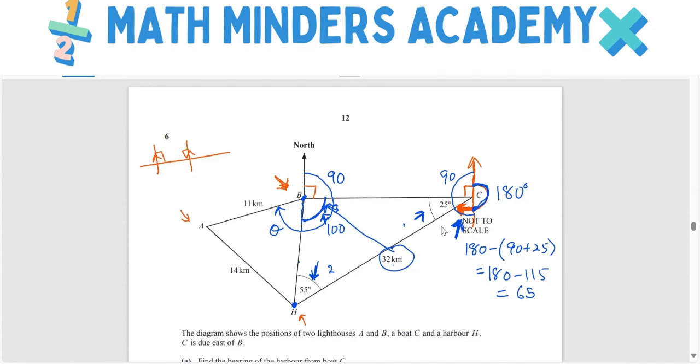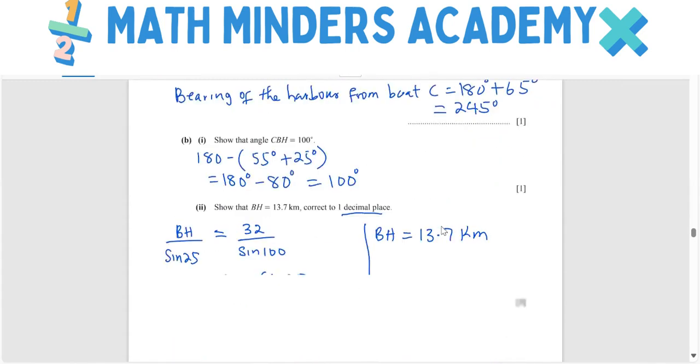For me to get theta, already I have this line here, 13.7. So the three sides are given. I'm going to use the cosine rule to get the value of theta.